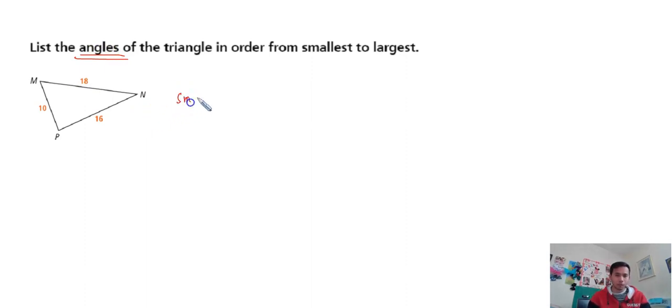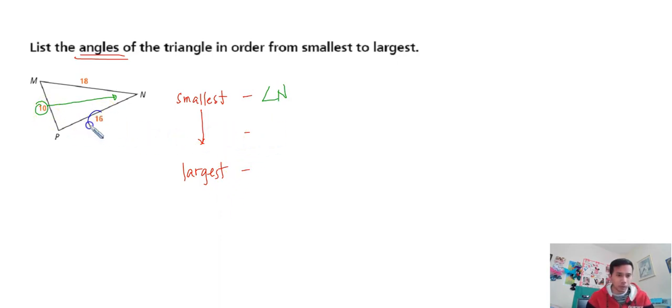The smallest side is 10, and opposite to 10 is angle n. So the smallest is angle n. Next is 16, and opposite to 16 is angle m.